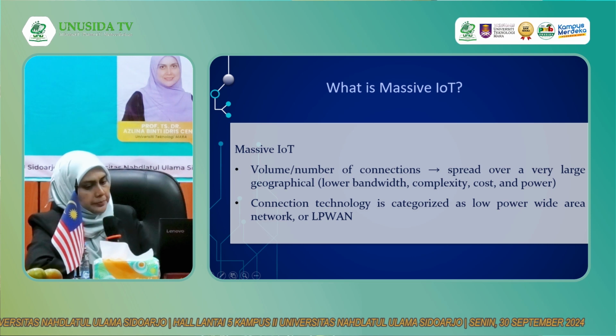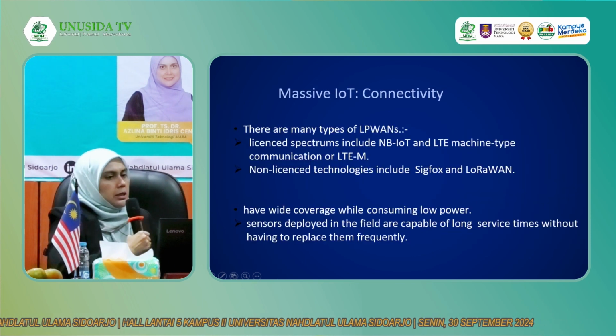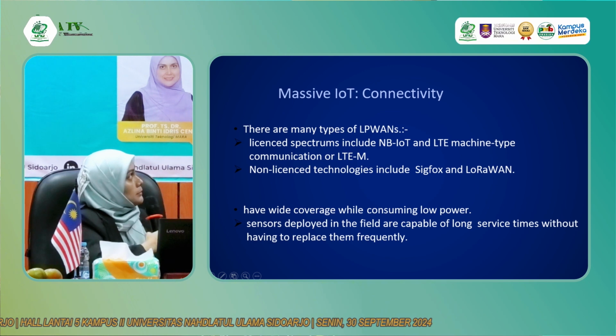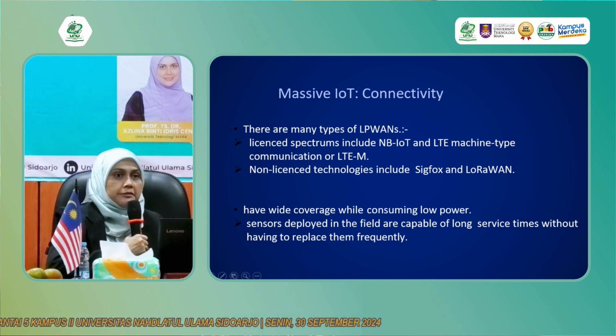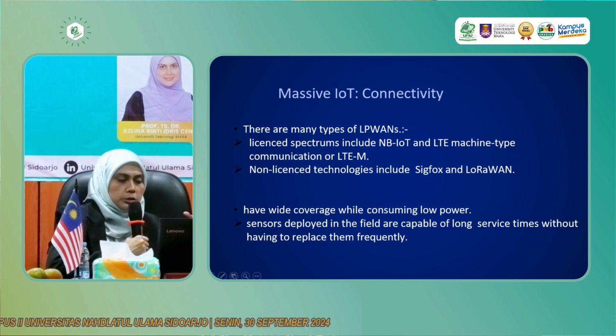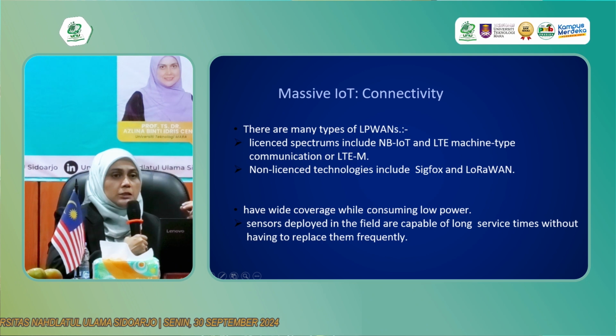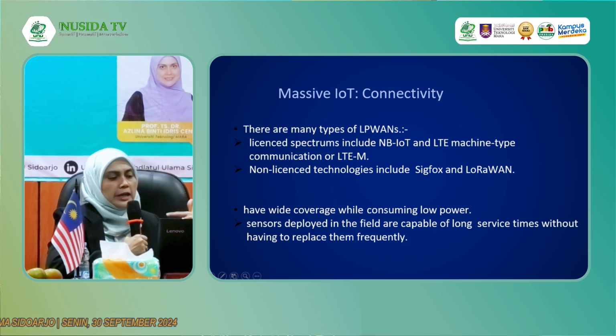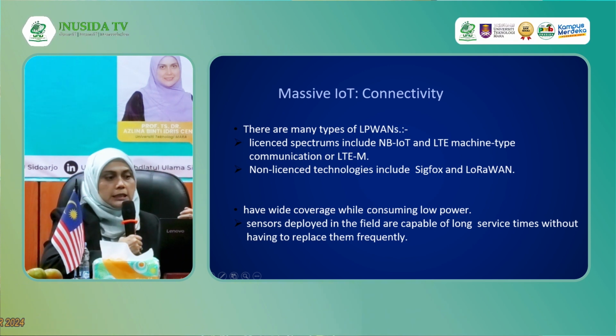Okay, next. So massive IoT connectivity, there are many types of low power wide area networks. So there are two different types. The first one is licensed spectrum and the second is non-licensed technologies. So licensed spectrum includes narrowband IoT and LTE machine type communication, LTE-M.